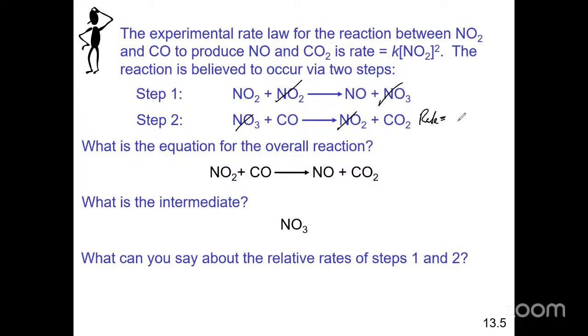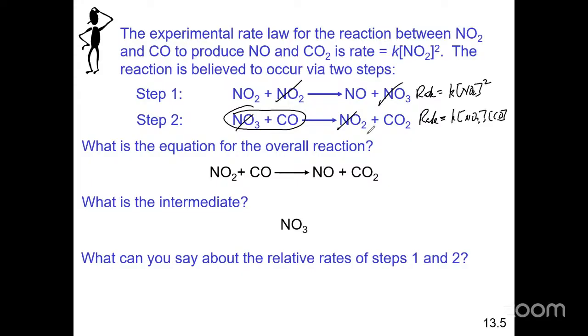Those are the two species involved as reactants: NO3 times CO, right? So what's the rate equation for the first step? K times the concentration of NO2 squared, right?